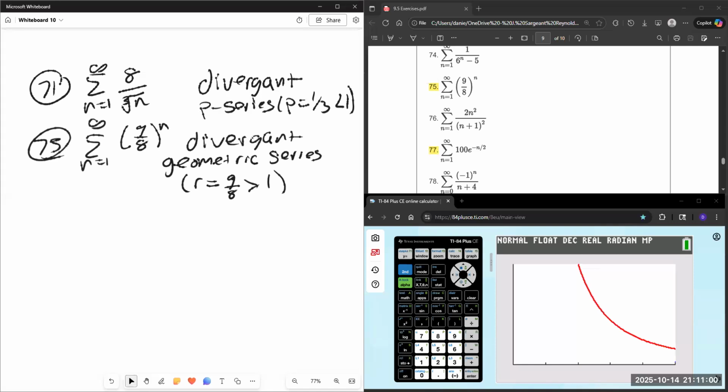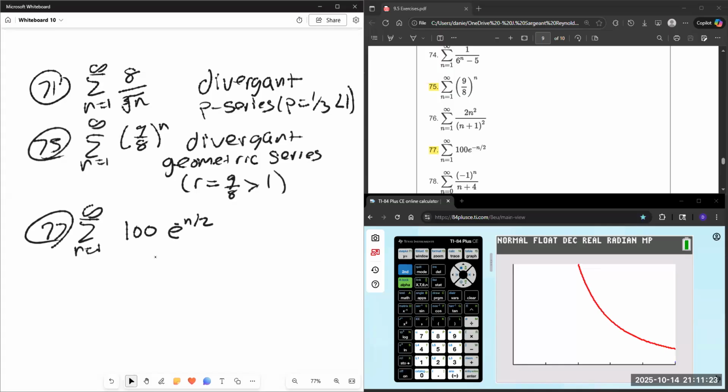77: summation n equals 1 to infinity of 100 e to the negative n over 2. Now this isn't quite written as the geometric series the way that I want it, because I want the geometric series starting at 0.